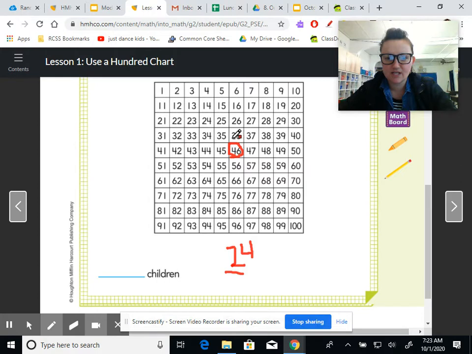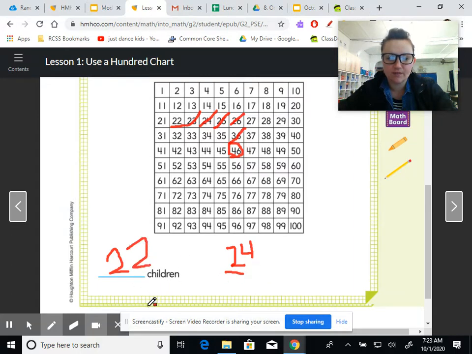So we can count by tens. So if we go back 10, we have 36 and we have 26. Okay, so we've gone back 20. So 10, 20. Now, we need to go back 4 more. 21, 22, 23, 24. The number we land on is 22.